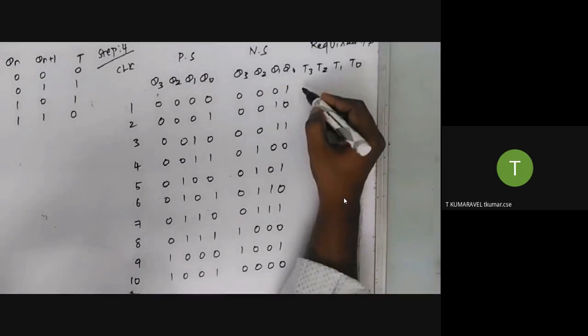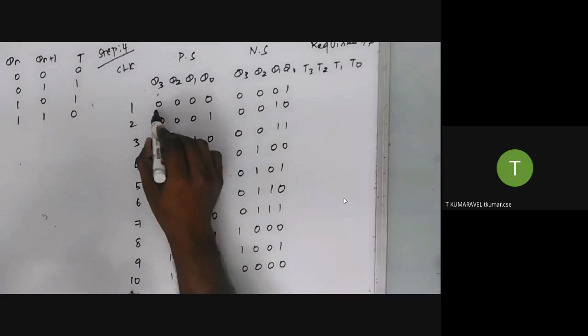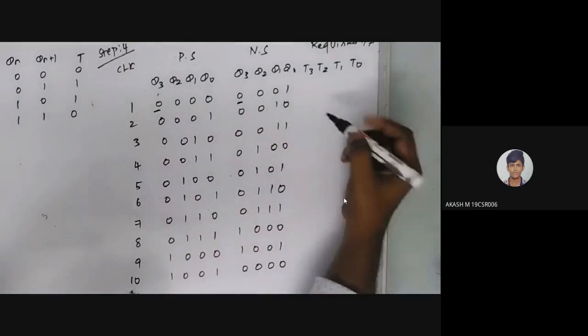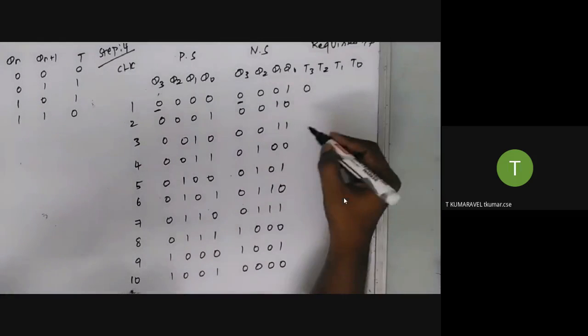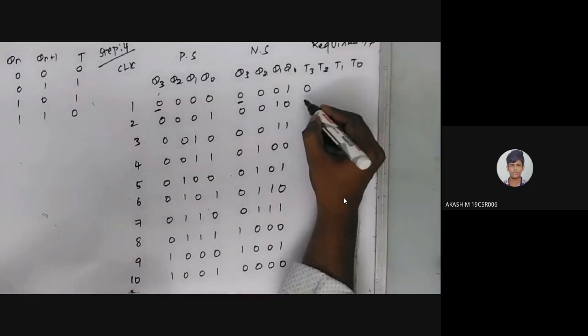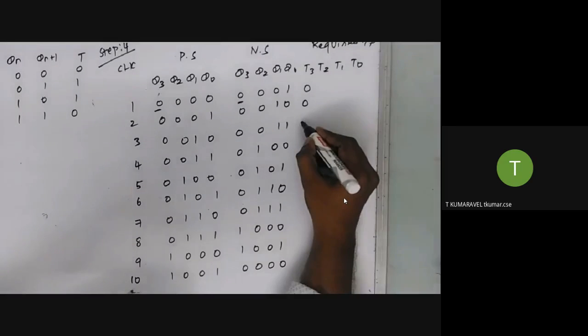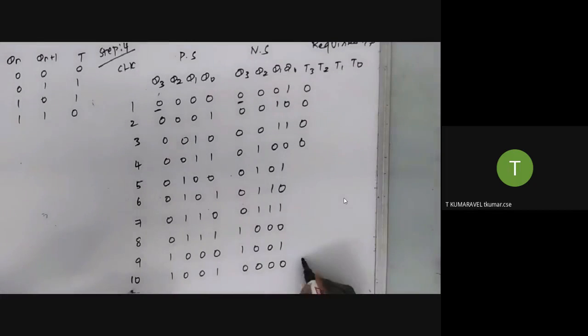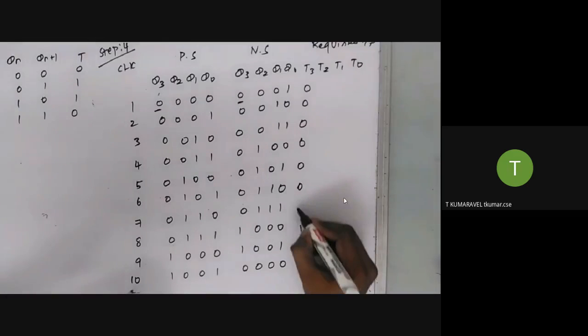Okay, how do you fill up the table? Any one of them, tell that. Okay, the present state is 0, the next state is 0. What happened? 0. 0. So based on that, you tell the value. What is the next state? 0, 0. Next, 0, 0, 0. Okay, 0, 1. Rest of the places, value equal to 0.